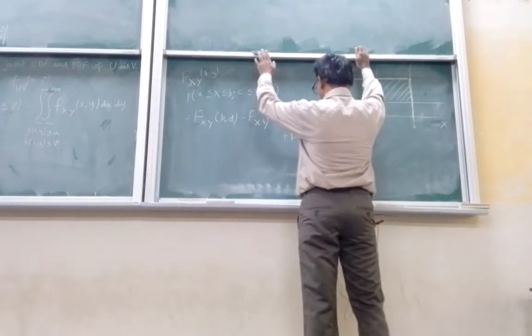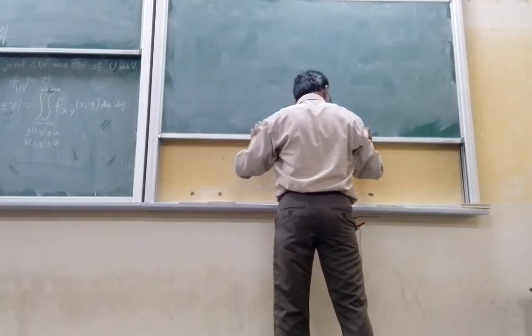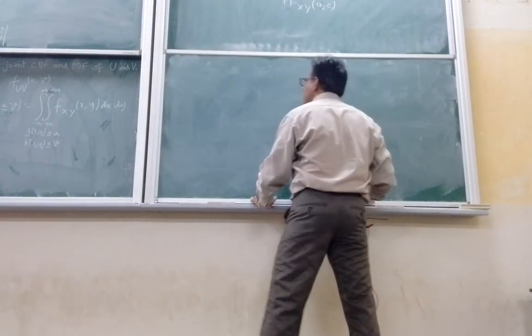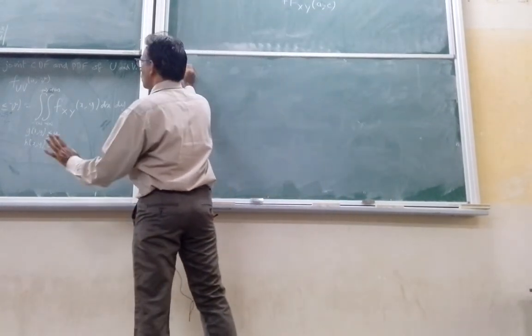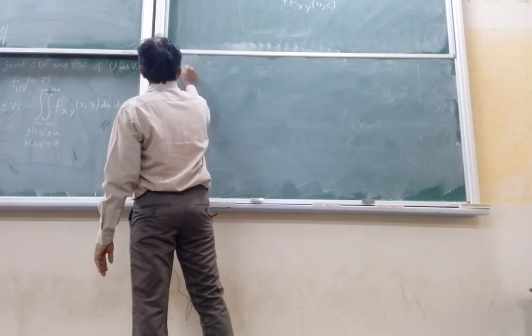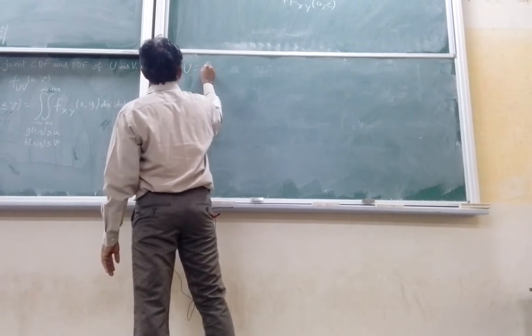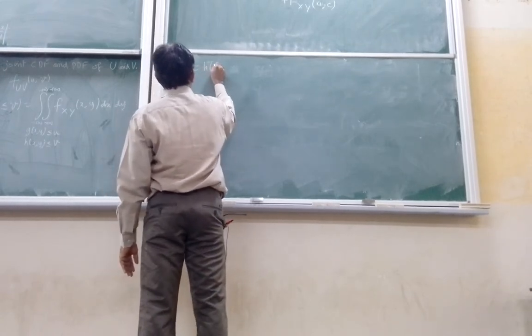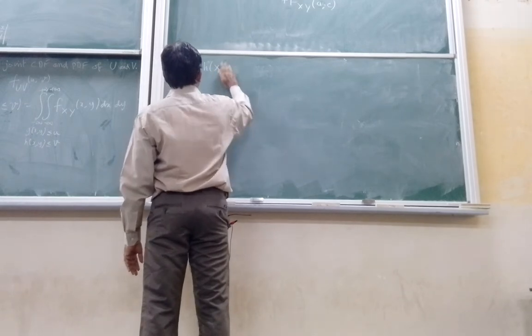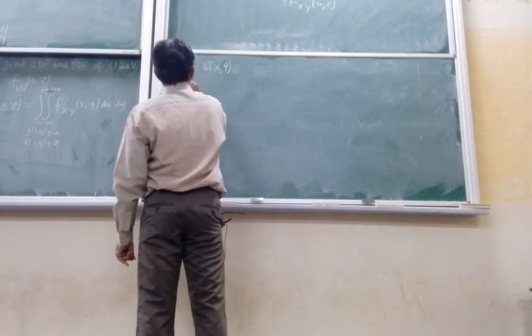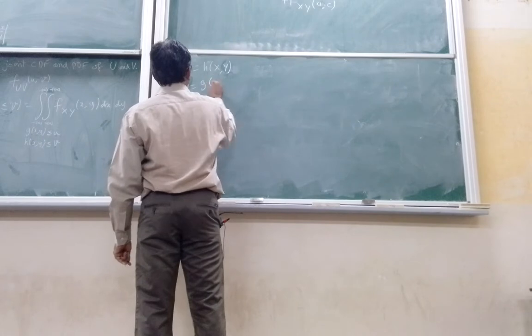Well, now coming to the joint density function. U is given by h of x comma y, and V is g of x comma y.